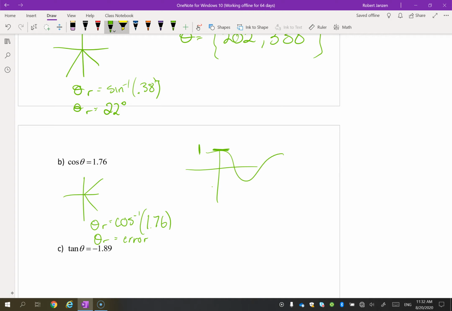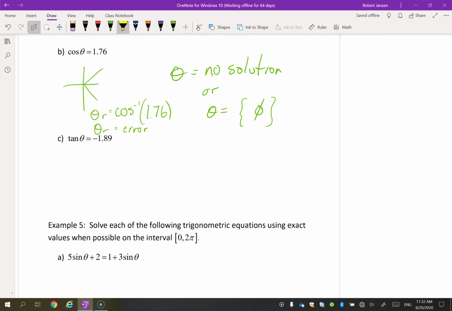There is no place where cosine is 1.76. All right? So this means there is no value that's going to work for that. So we're going to say no solution. If you like, you could answer it like this. You could say, here's my set, and I'm putting nothing in there, the empty set.